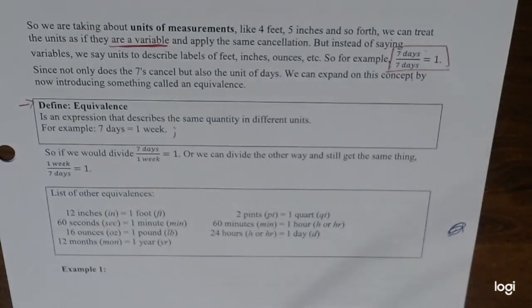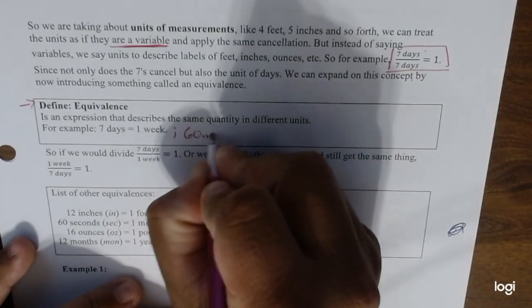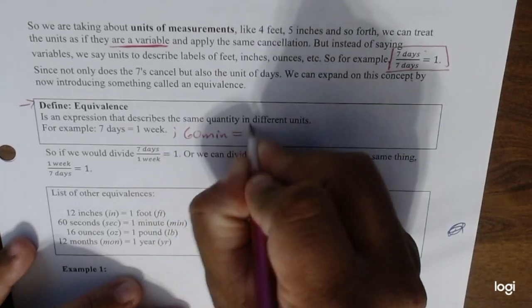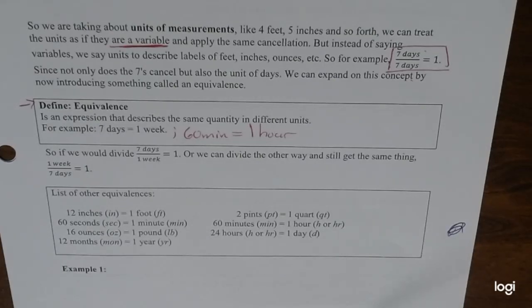We know 60 minutes equals 1 hour. That's one other equivalency we have just by the clock system. We also have 24 hours equals 1 day. So there are multiple equivalencies we use.